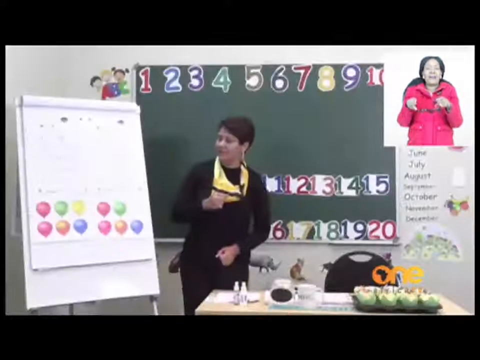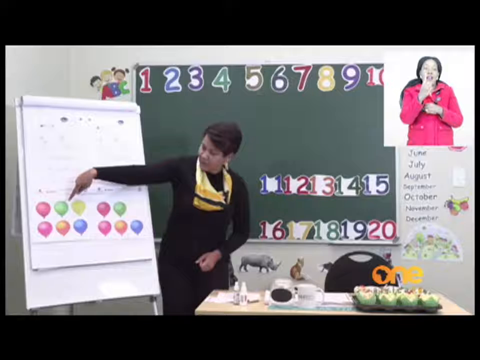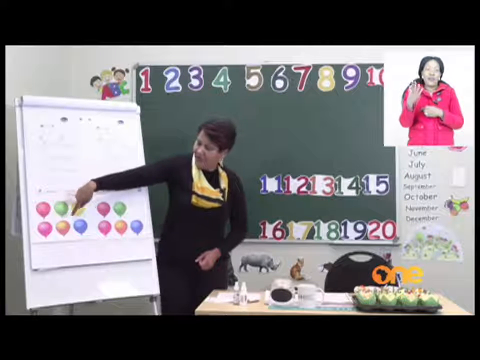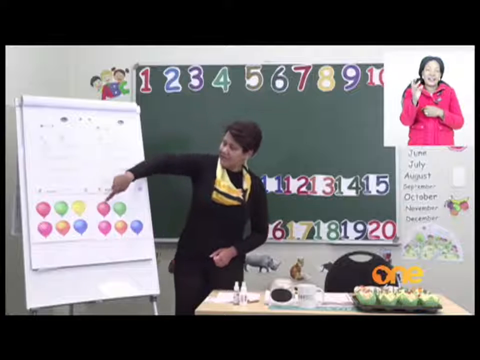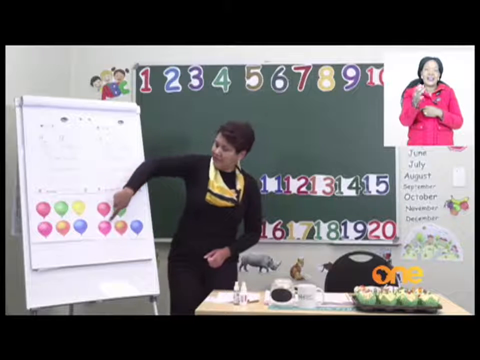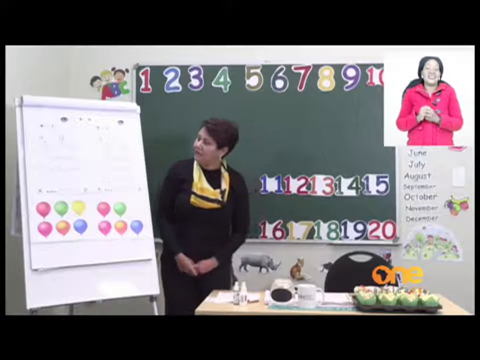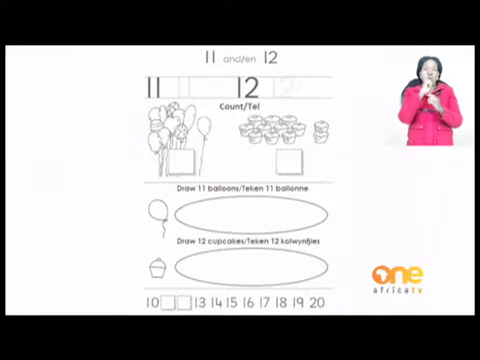Let's count the balloons. 1, 2, 3, 4, 5, 6, 7, 8, 9, 10, 11. We have 11 balloons. Make sure you fill in 11 balloons on your worksheet. Also make sure you trace the number correctly.